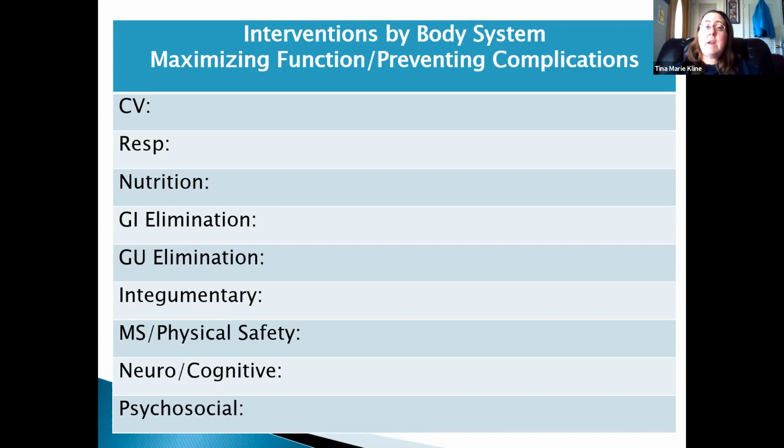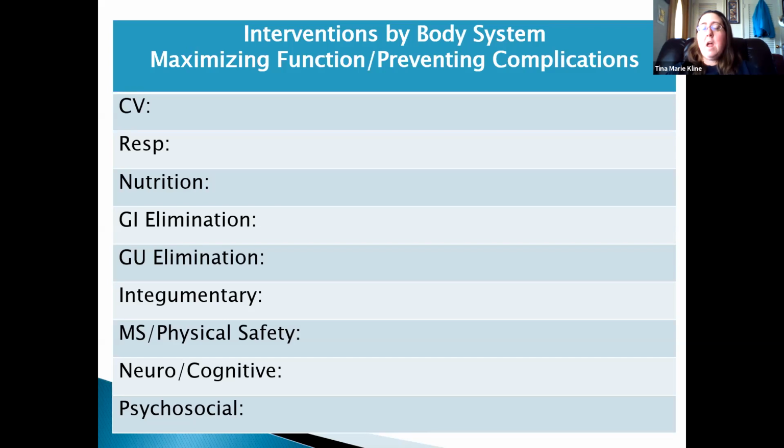So when you think about somebody with a CVA who might have problems with swallowing, or myasthenia gravis that has problems with swallowing, or Parkinson's, they eat so slowly that they don't tend to take in enough. And thinking about the effects of that, with Parkinson's patients, it's very important to have small frequent meals, because they might not be able to take in a whole lot at one time.